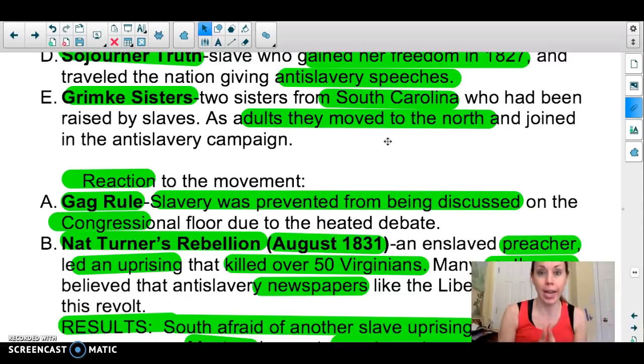So they are white. They are South Carolinians living on a plantation, and they're raised by the slave ladies there. They're nannies, and as they grow up, they kind of see the horrors of slavery, disagree with what their parents are doing, and they move to the north and join the anti-slavery campaign.